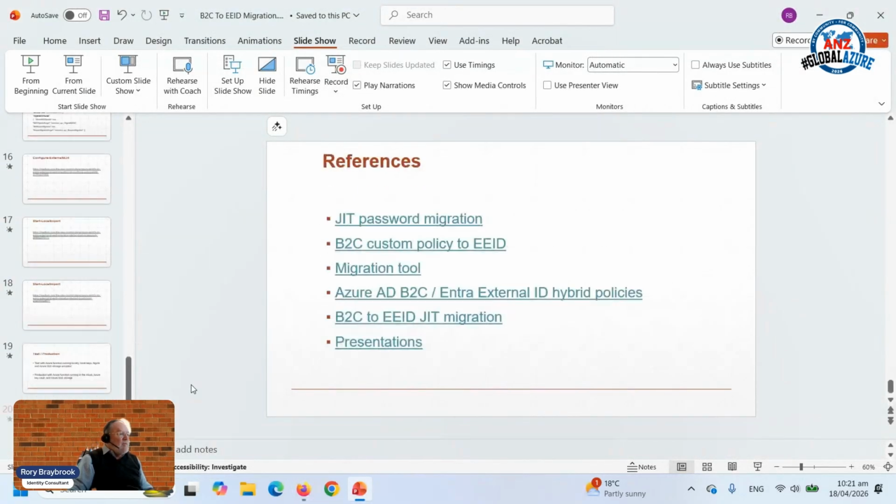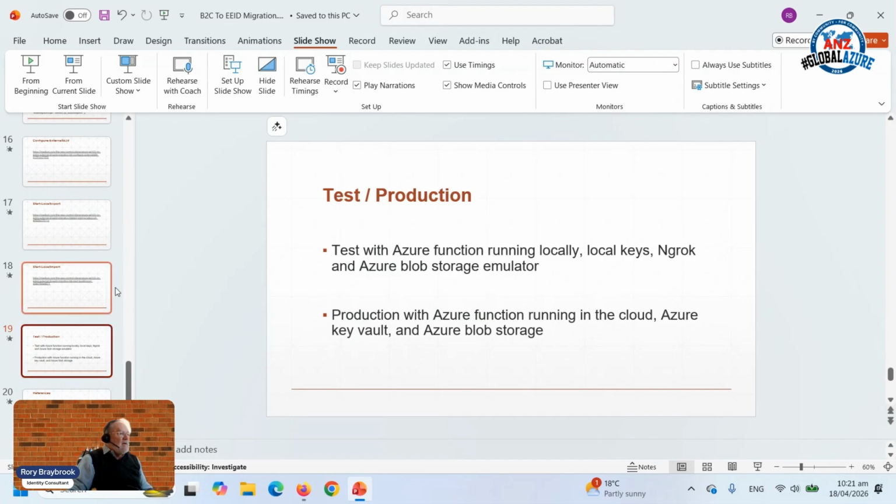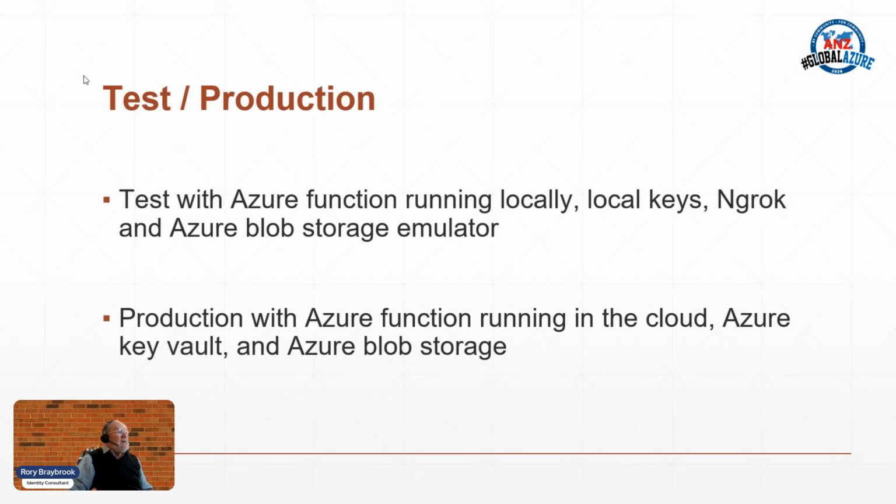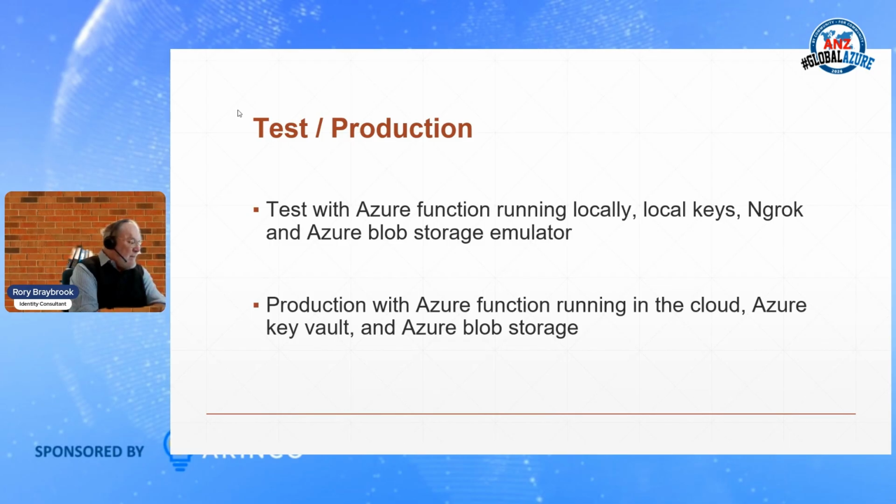Now, if I go back to here and start from current slide. All right, now there's 2 ways of running this. The one way is running it in test, so you can go through a whole lot of stuff before you actually do the import and the export. And there's a way of actually running it in the cloud.